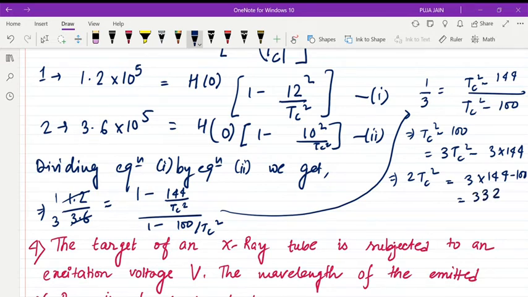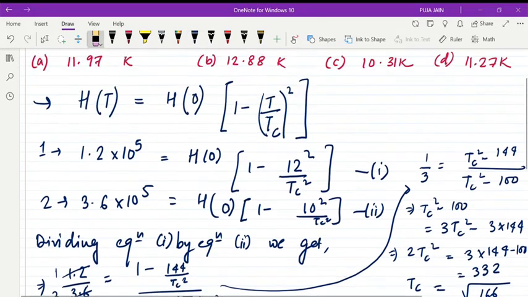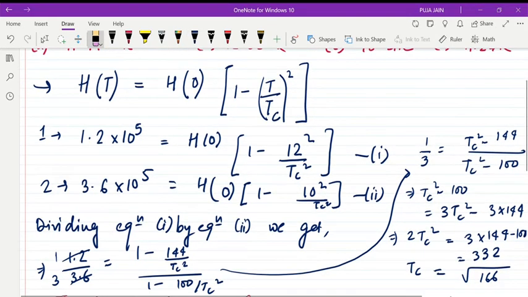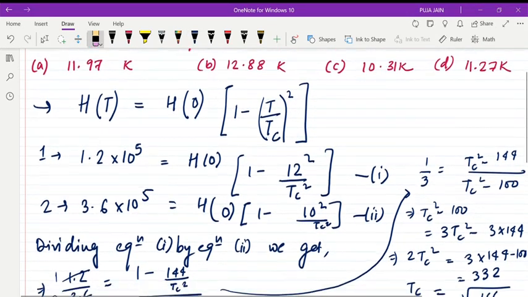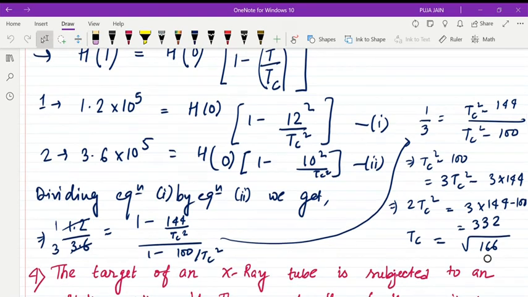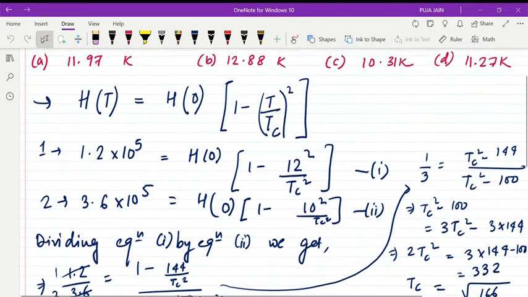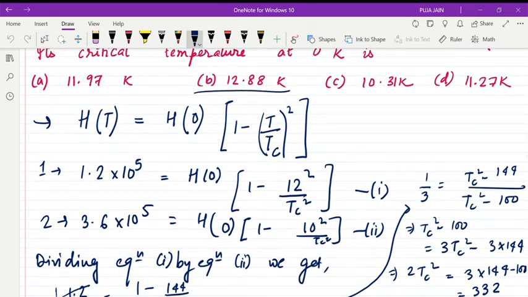So Tc equals root of 332 divided by 2, that is root 166. So let me first see the answers. Okay, 12 square is 144 and 13 square is 169. So obviously this one will be in between 12 and 13. So our right answer is 12.88 K. In this way you have to get your answer.